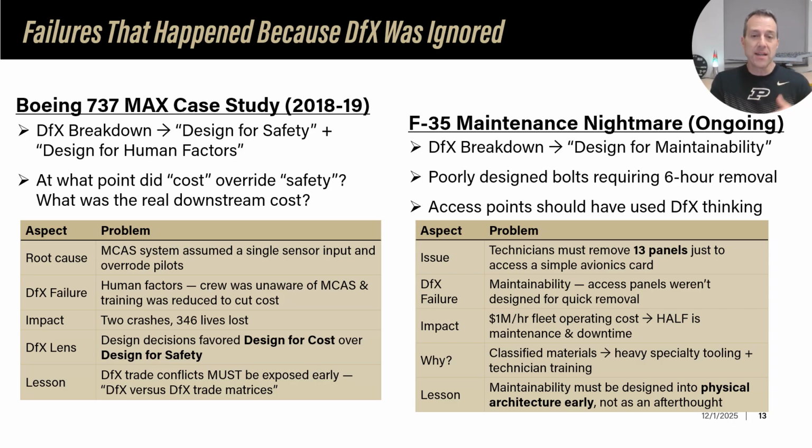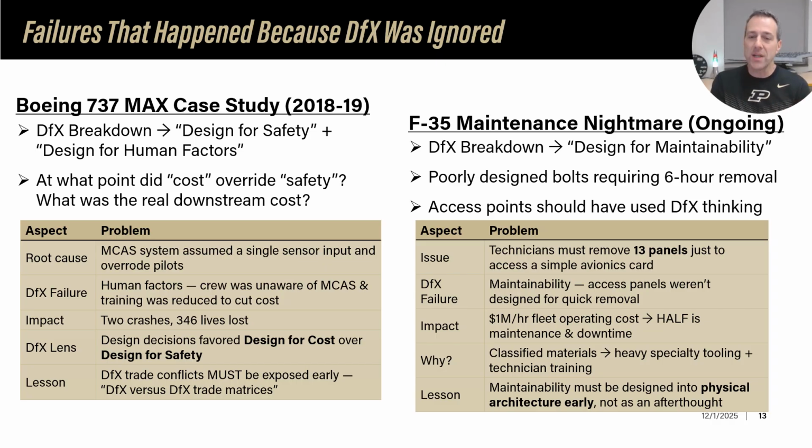Let's go to another side. F-35 has an ongoing maintenance disaster, or it's just built a lot of cost into the system because of maintenance decisions. They broke down in design for maintainability. There's some bolts, some specialty bolts that require 6 hours to remove.